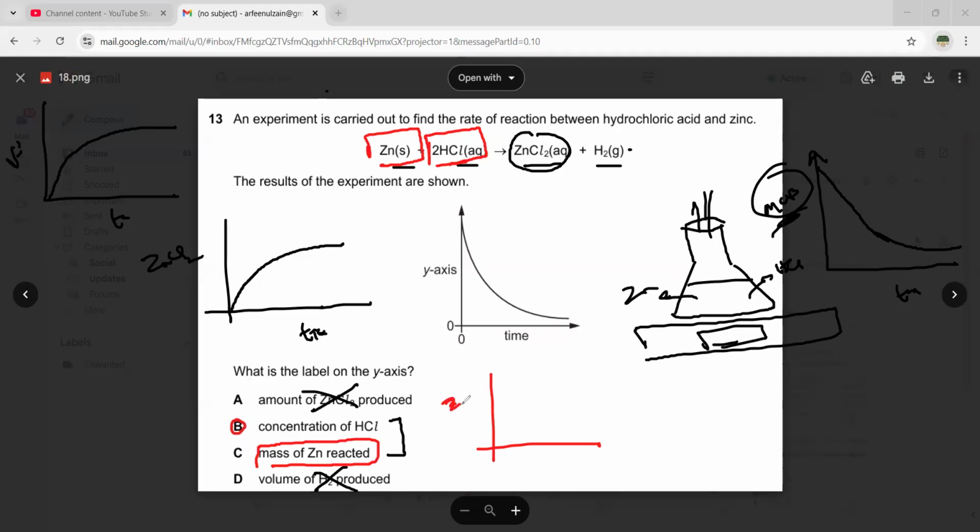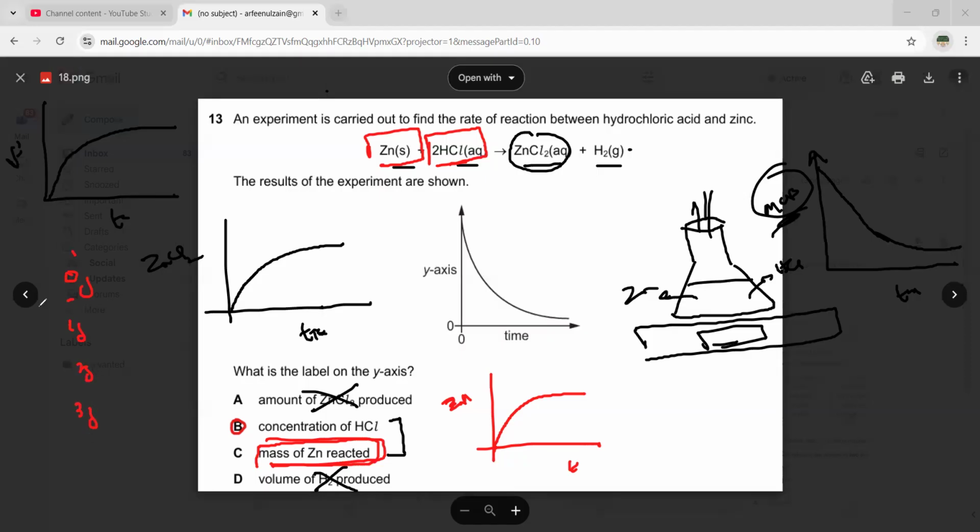So in the beginning, when you add zinc, the amount of zinc reacted will start to increase. In the beginning, no reaction happened with the zinc, then zinc starts to react, and then the amount of zinc becomes constant. So the mass of zinc reacted in the beginning, the moment you add, is zero, and then it starts to increase. Like after 1 minute, first 0 gram is reacted, then 1 gram, then 2 gram, 3 gram.